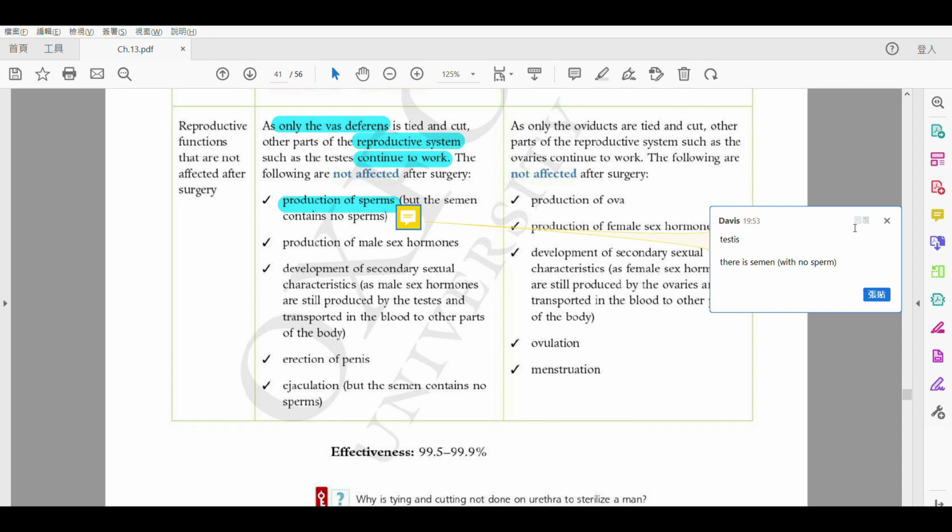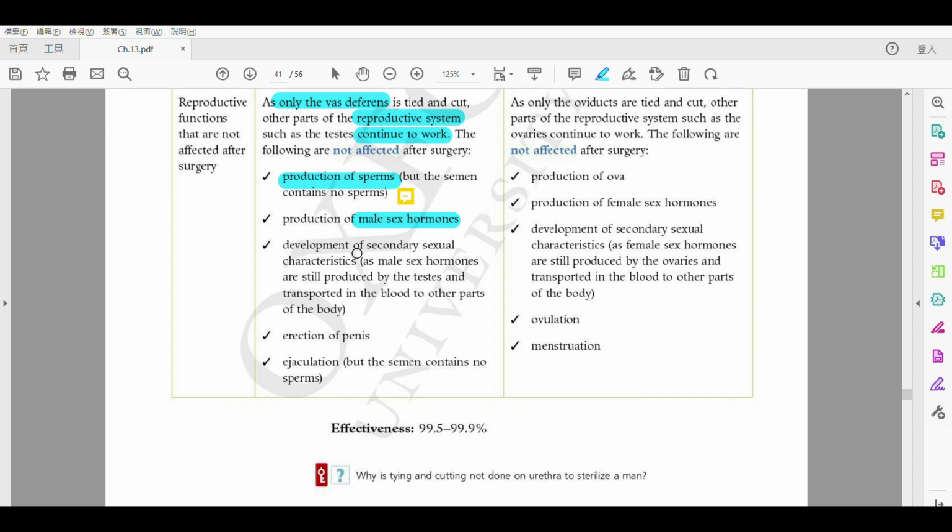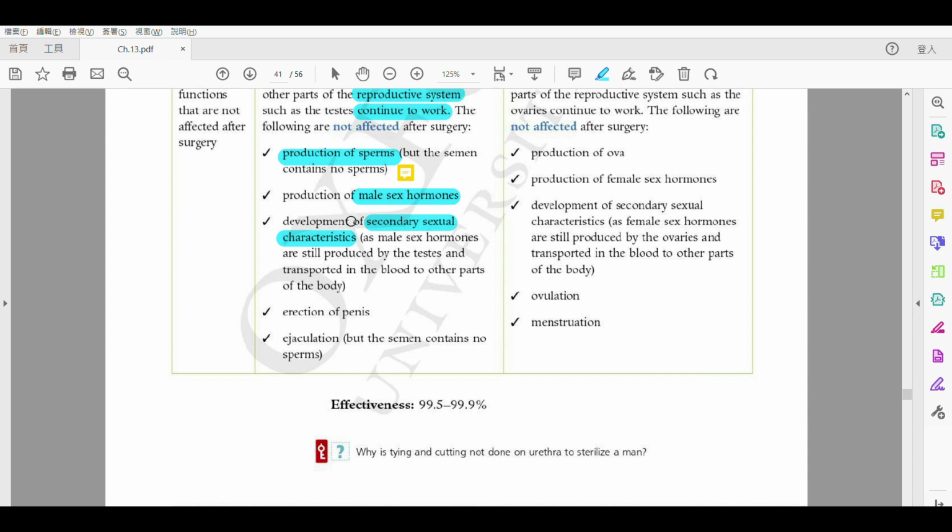So after you carry out this vasectomy, you will still produce semen but no sperm. 好，繼續咯喎。And then you will still be able to produce male sex hormone because again it is produced by testis, 都係由呢個 testis 去做出嚟嘅啦。And then since you have male sex hormone, you will also have secondary sexual characteristics. Okay, 好啦，而記住咯喎，since they are hormones, 由於佢哋係 hormone 嚟嘅啦，they are transported by blood to all parts of the body.